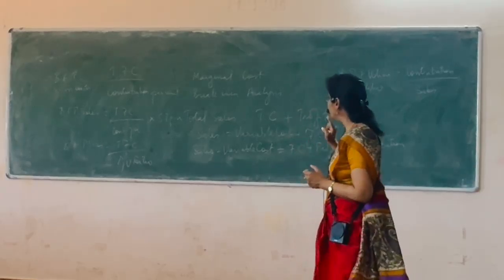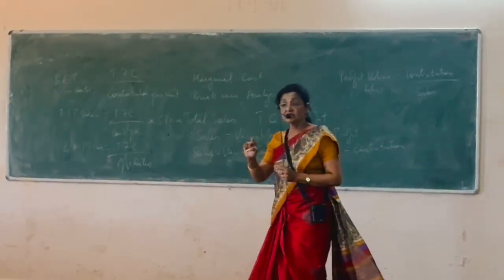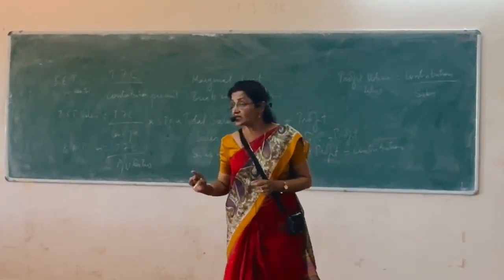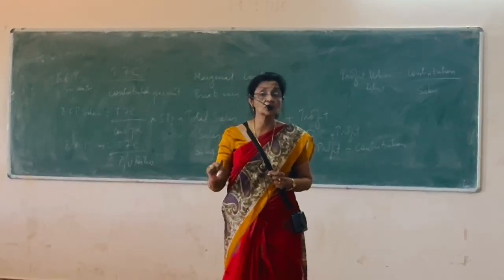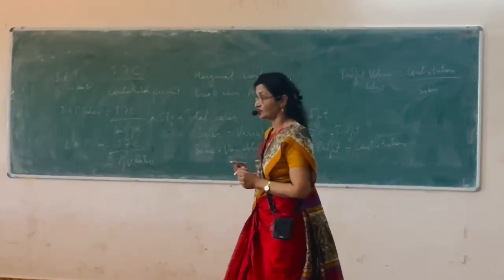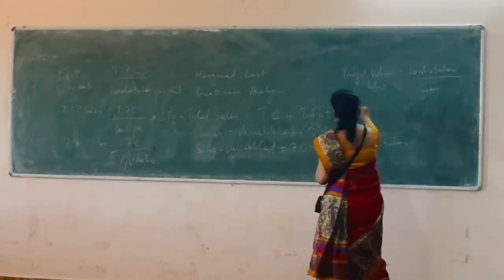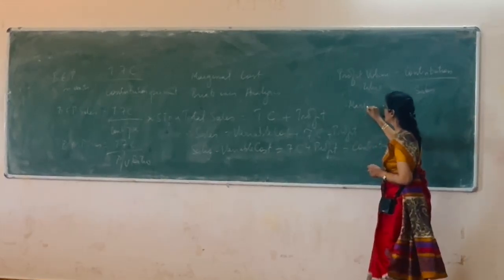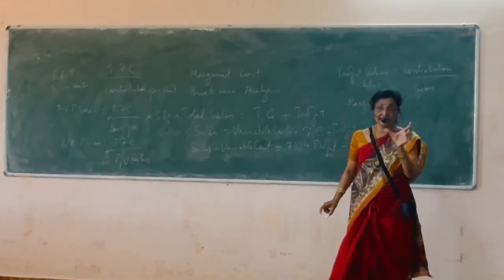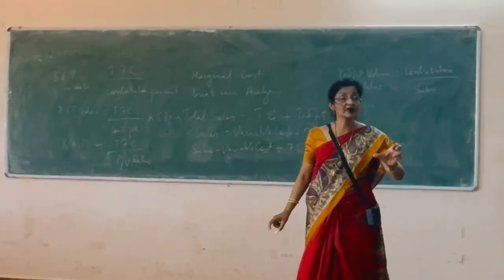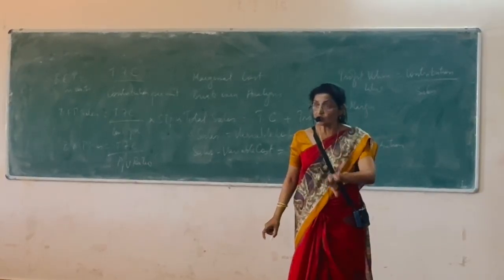So now, the difference between the actual sales and the break-even sales refers to margin of safety. Now, margin of safety is that amount of sales that the firm can afford to reduce.